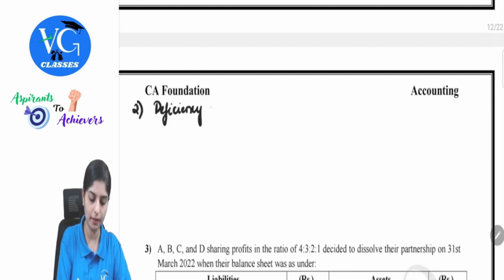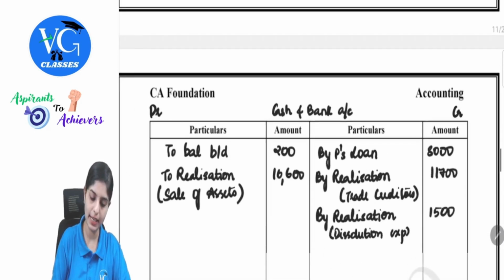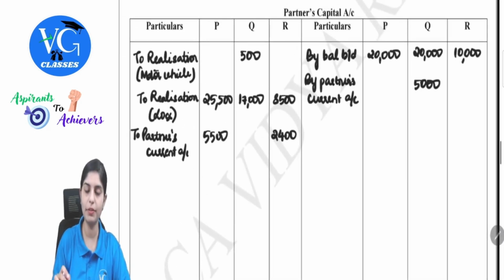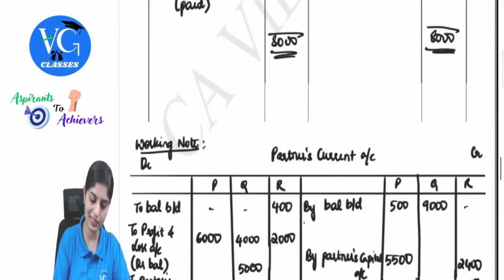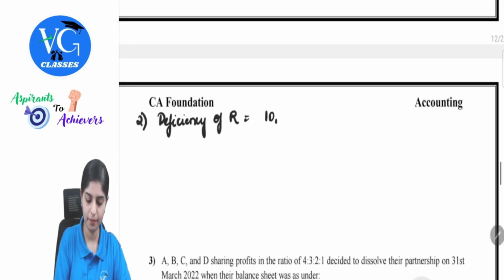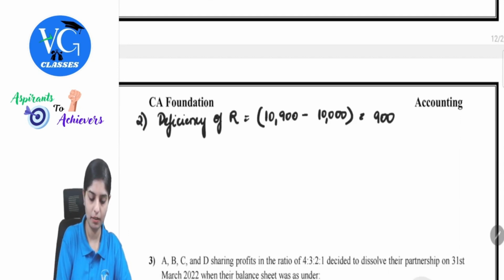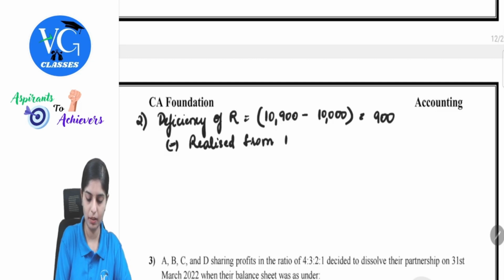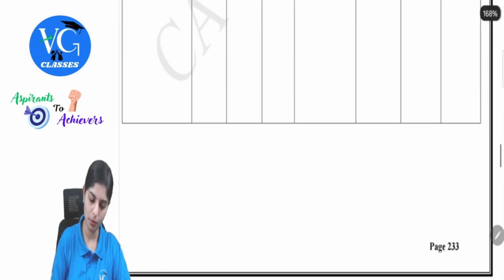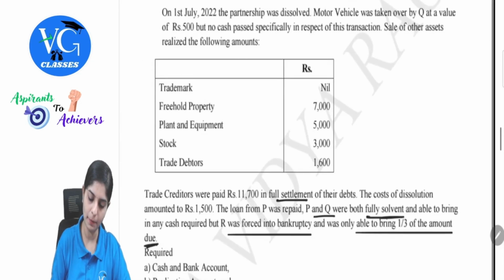Deficiency of R is equal to the total of the debit side, 8,500 plus 2,400, which is 10,900, and the total of the credit side is 10,000. So 900, minus realized from R. What is the wording given in the question?